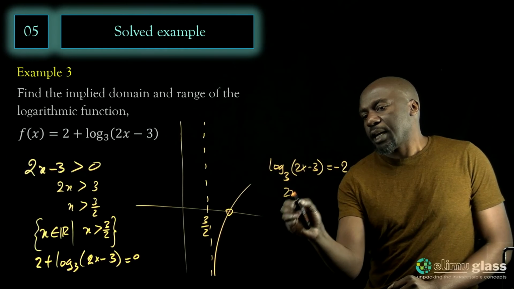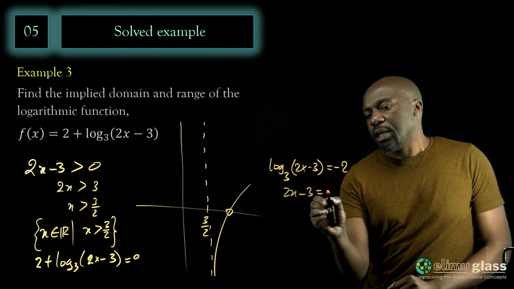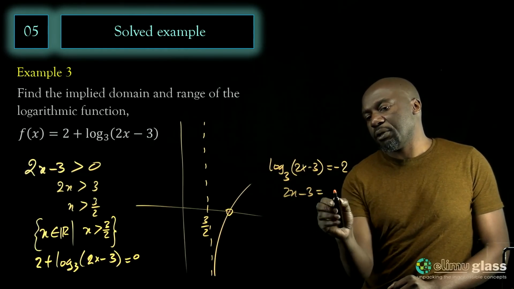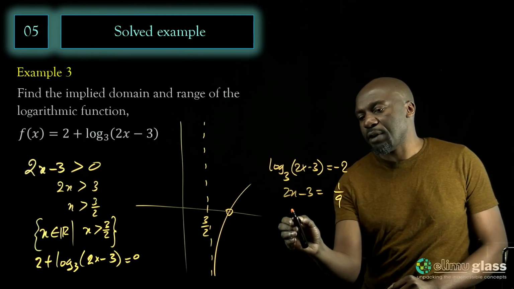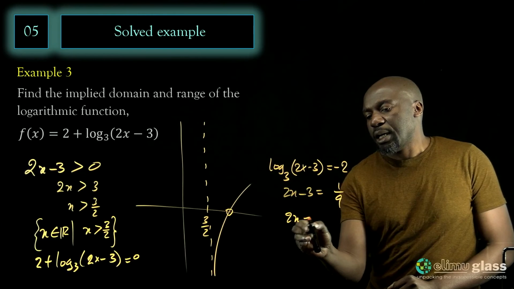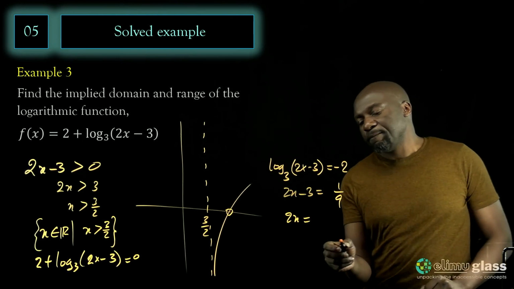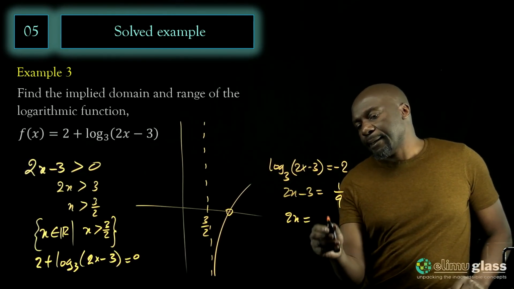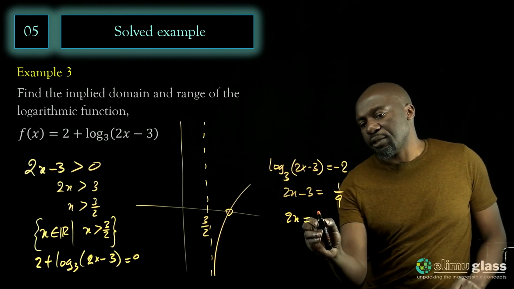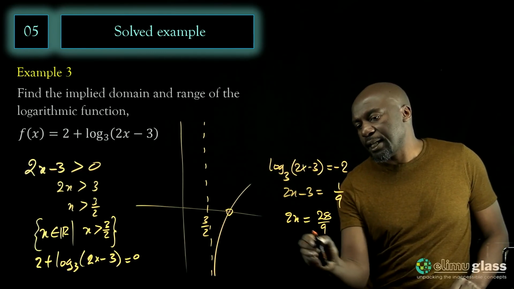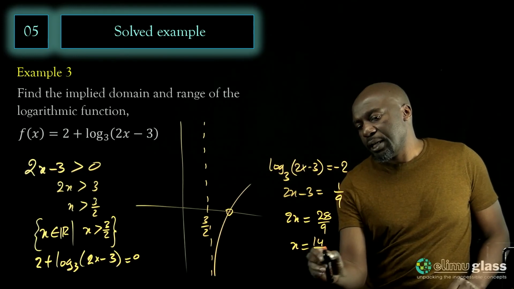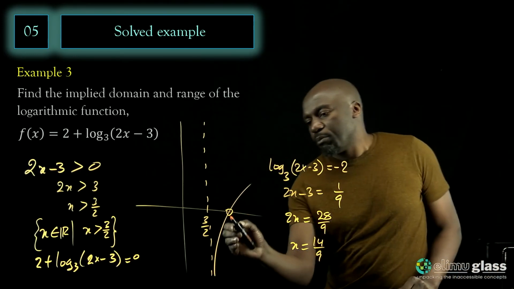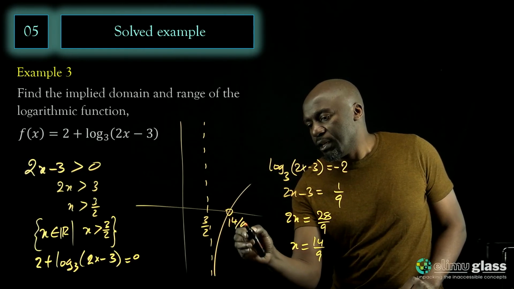That means 2x minus 3 equals 3 power negative 2, which is 1 over 9. Check it out and see that this is fine. 2x is 3 plus 1 over 9, which is 27, and so 28 over 9, and so x has to be 14 over 9. So this point here is 14 divided by 9.